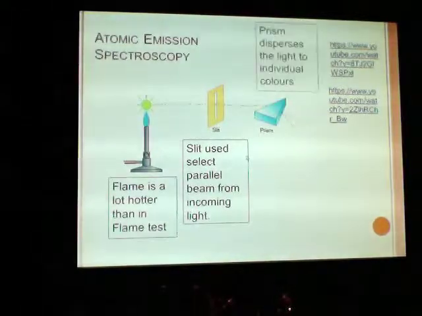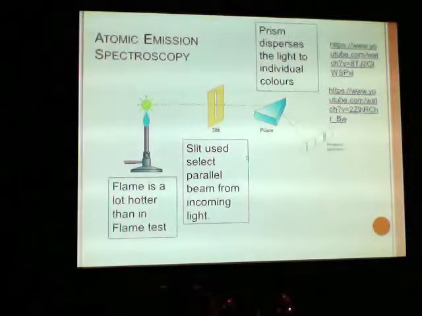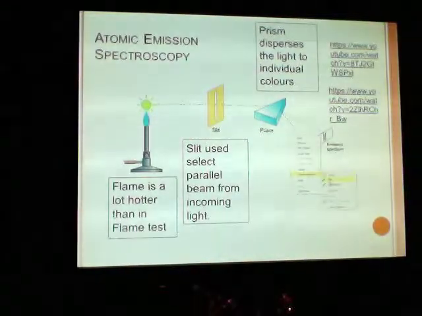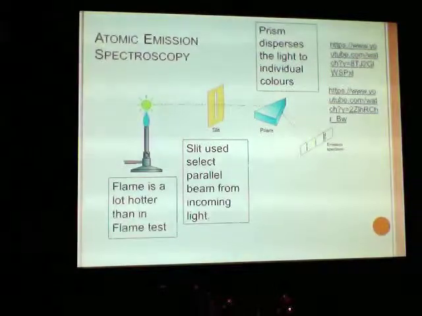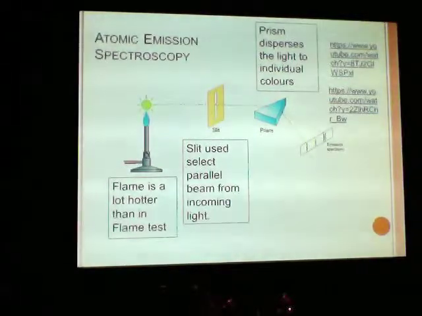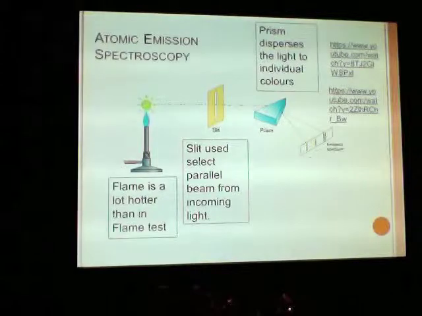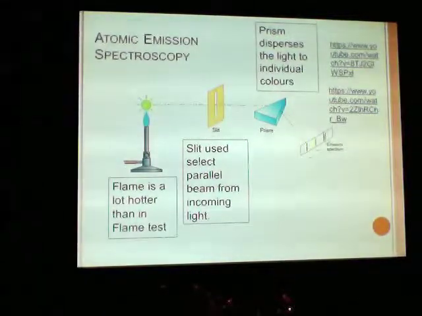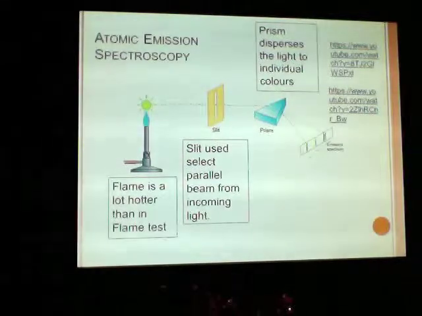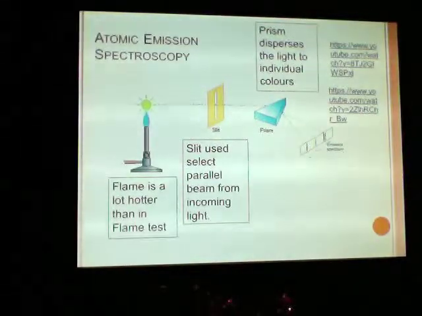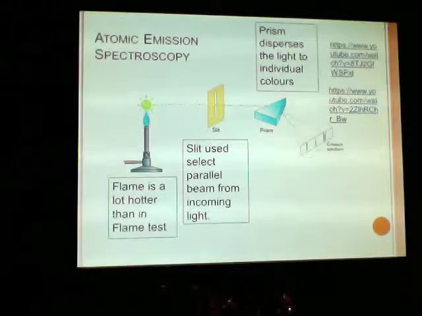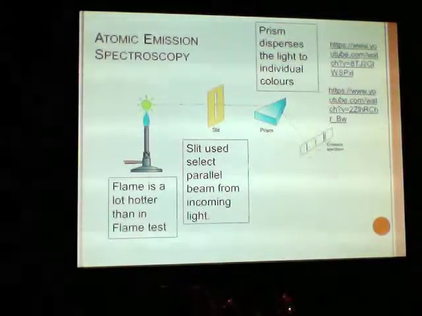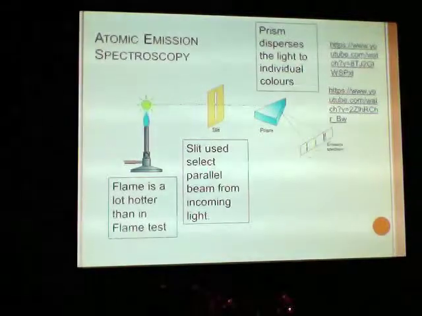Now we have a prism, and that's obviously to disperse it into the individual colours, and we get what's called an emission spectrum, right? So we have red, yellow and blue, and sort of indigo and violet. So if we just looked at this element through a Bunsen burner flame, and without the prism, we might have just got maybe a purple or something that masks it, or a red.